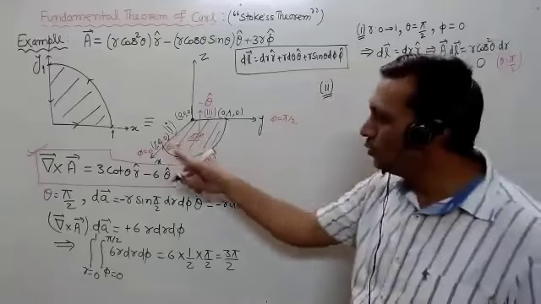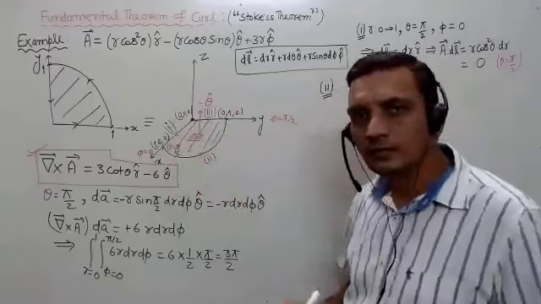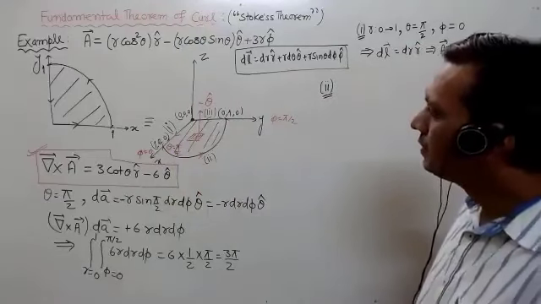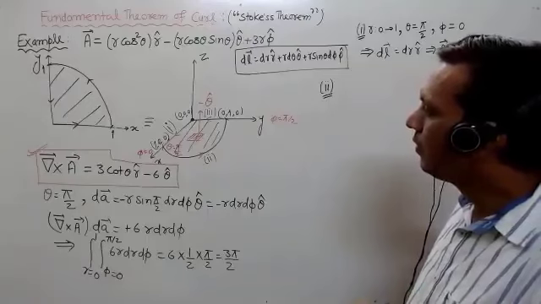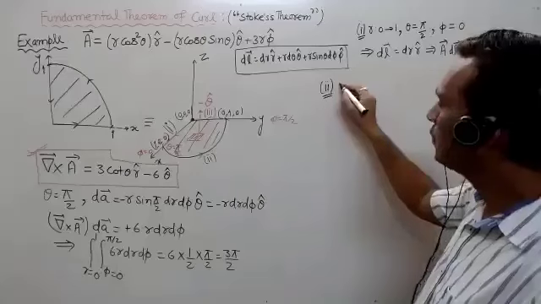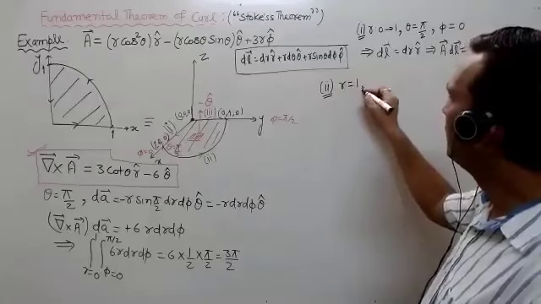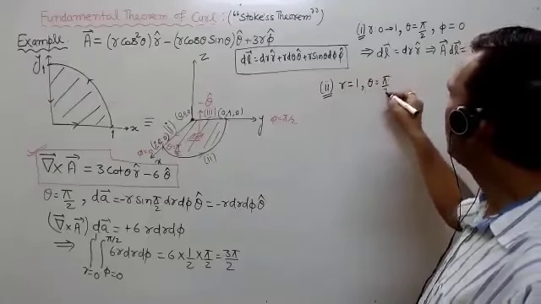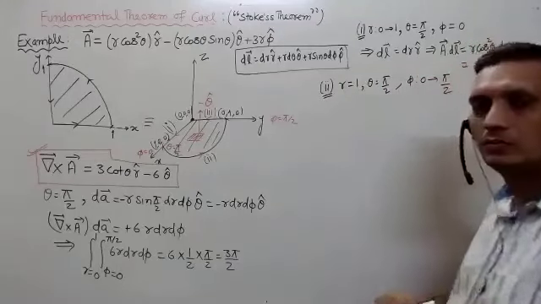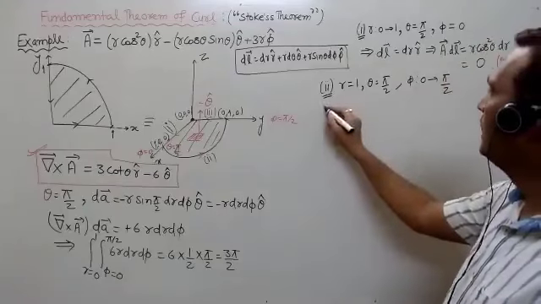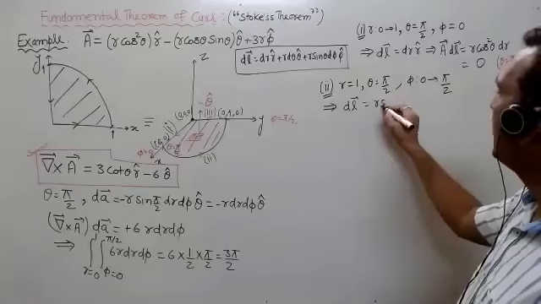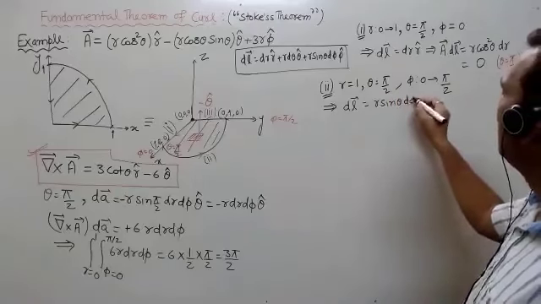Now on segment 2, what is fixed? Theta and r. What is variable on segment 2? Phi. r is 1, theta is pi by 2, and phi is the variable. Phi varies from 0 to pi by 2. So dl is r sine theta d phi phi cap.